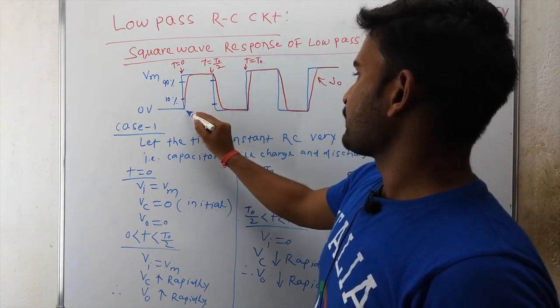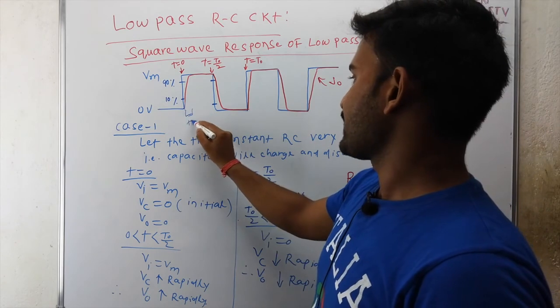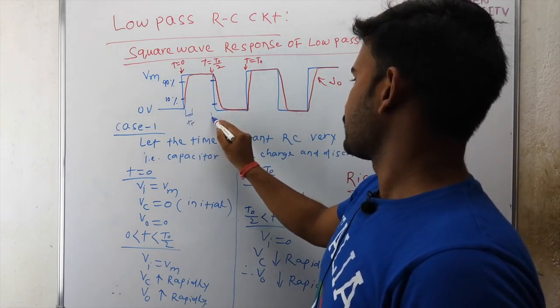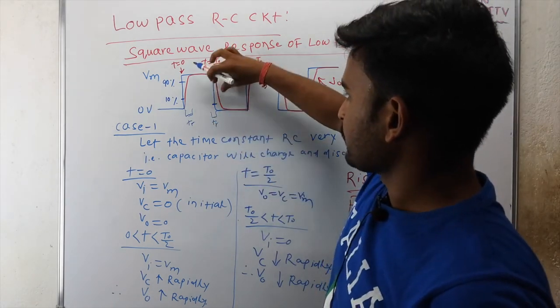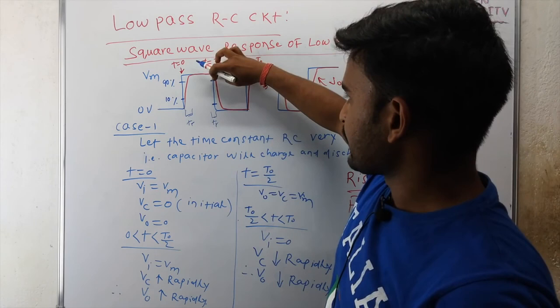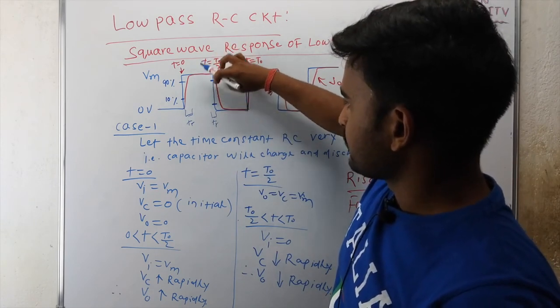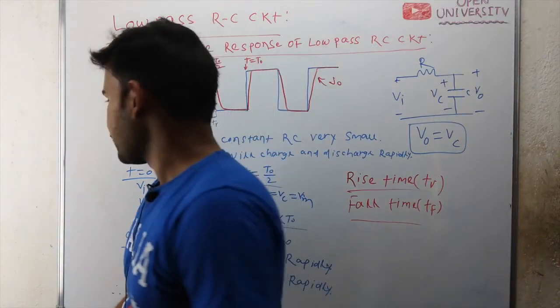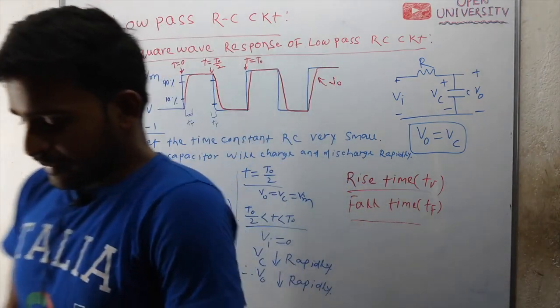This time to this time, 10% to 90%, is your rise time. Similarly, from this time to this time is your fall time. 90% to 10% decrease period is nothing but fall time, and 10% to 90% increase period is nothing but rise time.